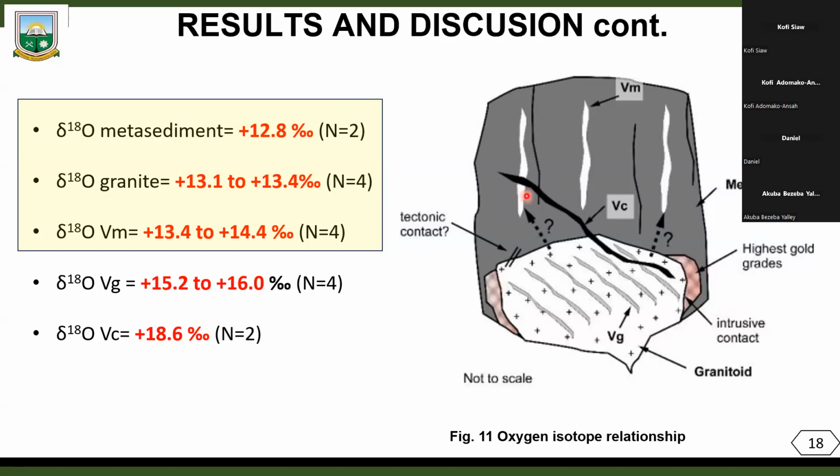Then we also want to think that the granites having 13.3 to 13.4, and the VMs having 13.3 to 14.4, could be related in this regard. Which means, is it possible that these VMs received fluids from the granites to form this structure during the orogenic process? Right, that is one of the things to talk about.